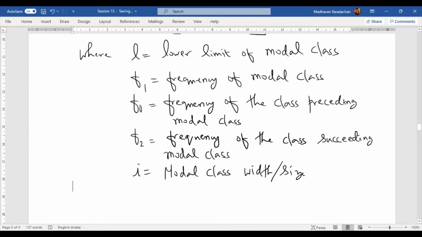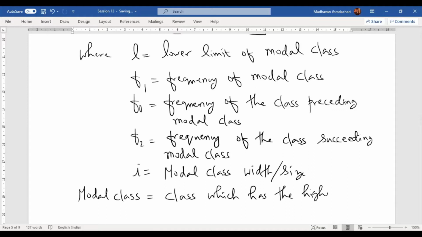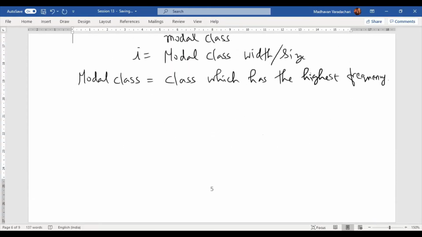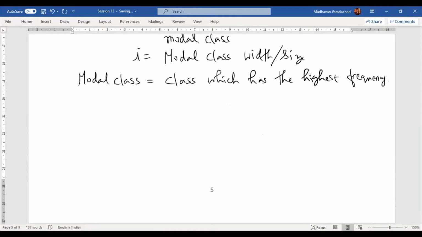Now we wrote all this. Now what is modal class? Modal class is the class which has the highest frequency. Again, there is a possibility that more than one class may have the highest frequency. In that case, what do you do? Again, you do the same thing we did in the non-frequency case.